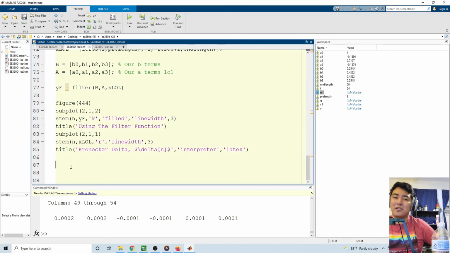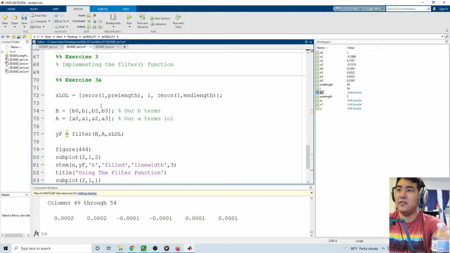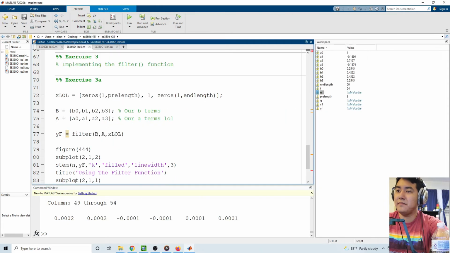If you were to be smart, I'll show you this other thing. Exercise 3C. Your input X is equal to X sine, I think is what it is. I don't know. Okay, don't be lazy, David.